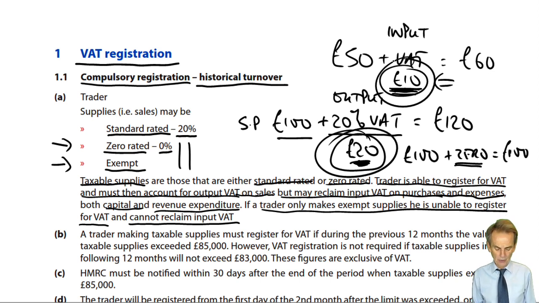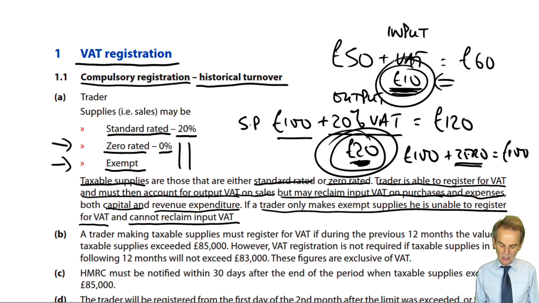So the critical point about a taxable supply is that in relation to taxable supplies, whether standard and or zero rated, we are then able to recover any or all input VAT in relation to our purchases and expenses. And here's the difference between zero-rated supplies and exempt supplies.